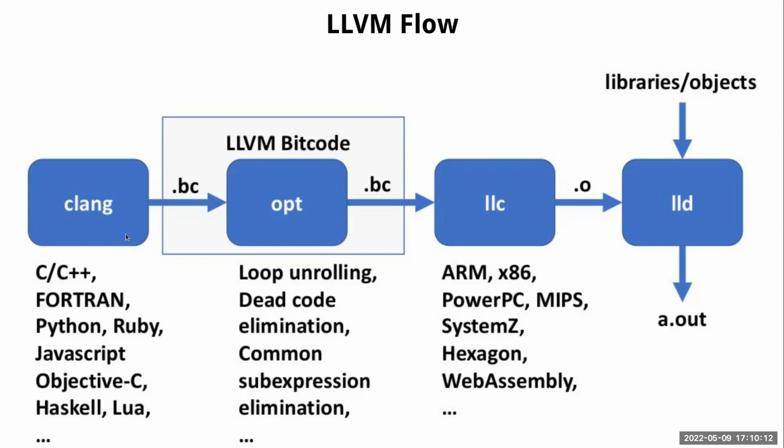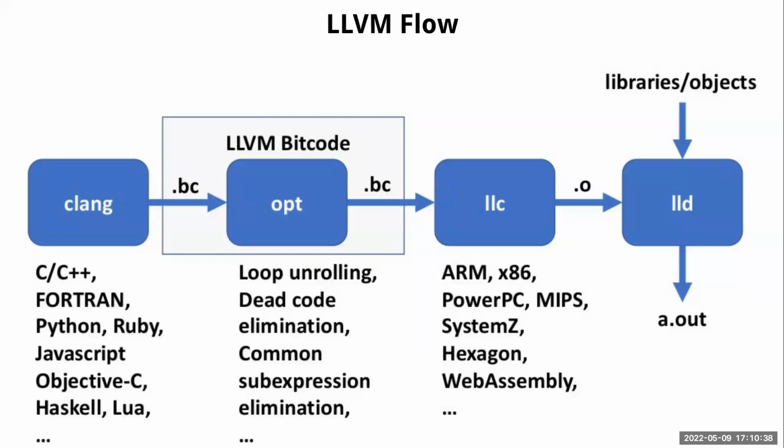So you can use many different front ends. We have a well-defined interface, and the interface is the LLVM IR. You can use different front ends to compile all kinds of languages you want to use, but they will all be compiled into the same IR.